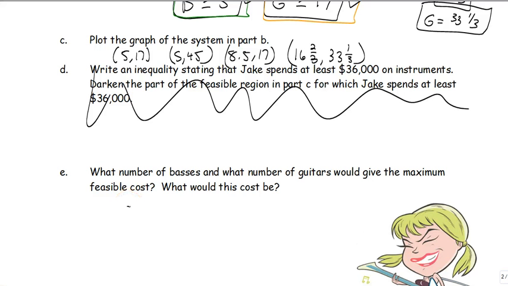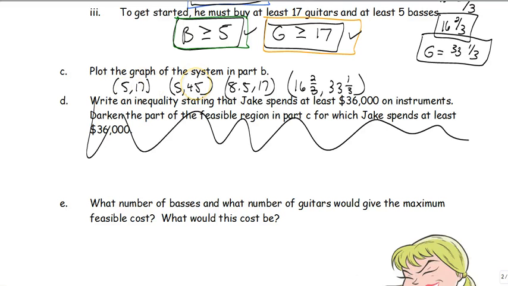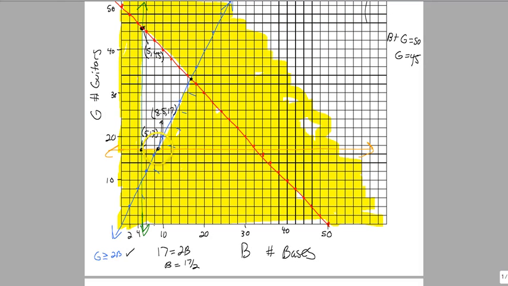Okay. Well, first of all, you have to use correct points. We can use 5, 17, 5, 45. Those are fine. We can't really use 8.5 and 17, because you can't buy 8.5 bases. So let's look at our graph and get the correct point we can use that still fits into our constraints. If you look at here, 8.5 is right here.